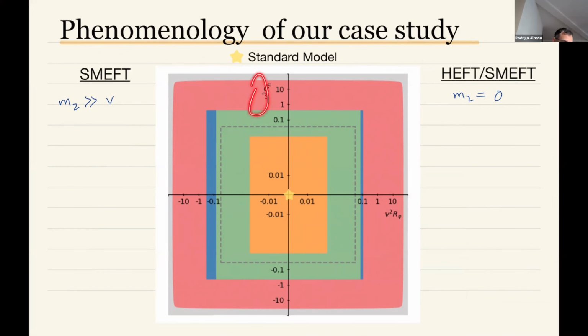And in this other direction, we have R sub h, related to Higgs and Goldstone boson scattering. In this curvature plane, the standard model lies at the dead center. No curvature in the standard model is the flat case, so that's where we're at.